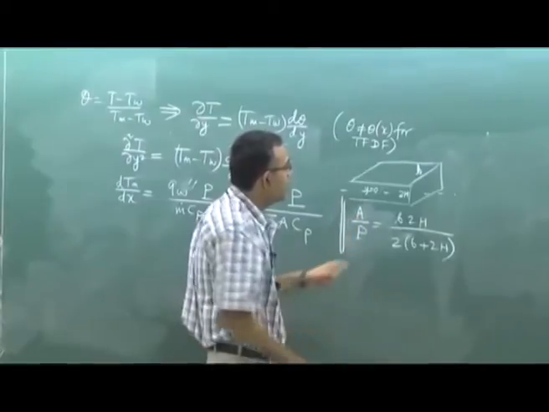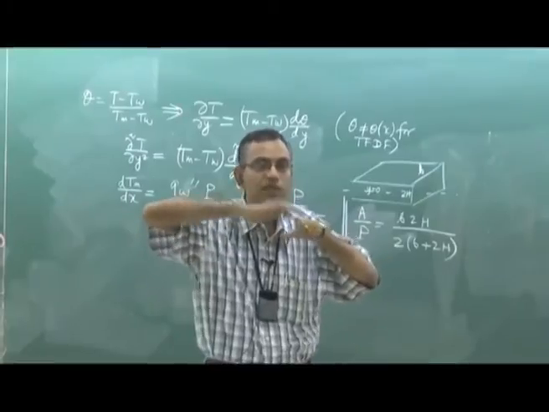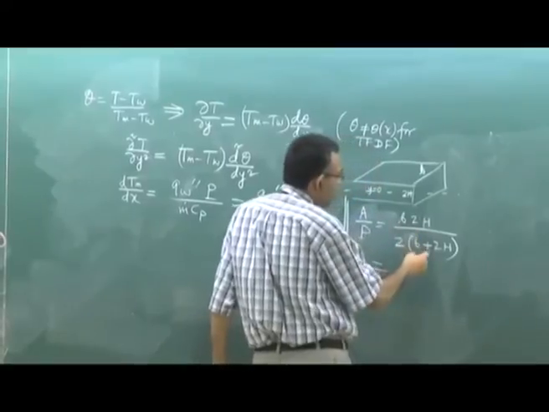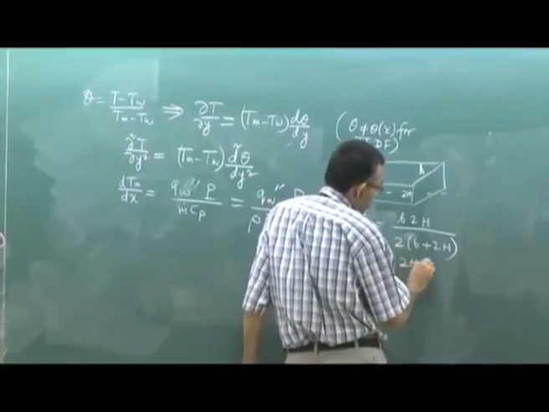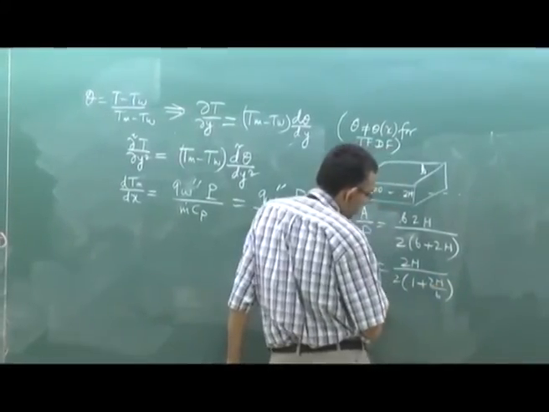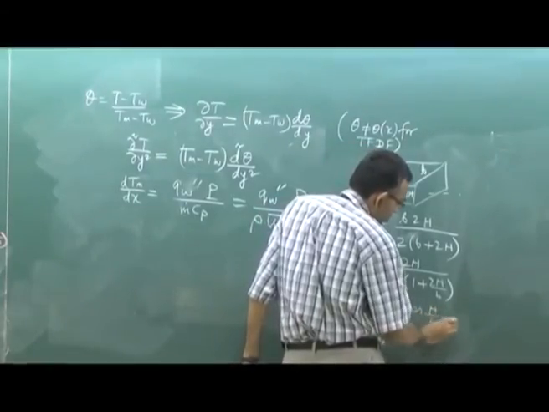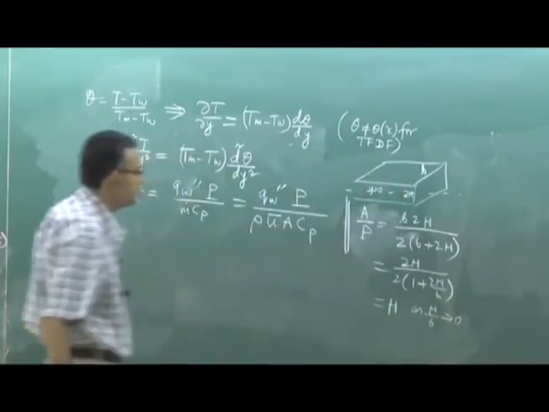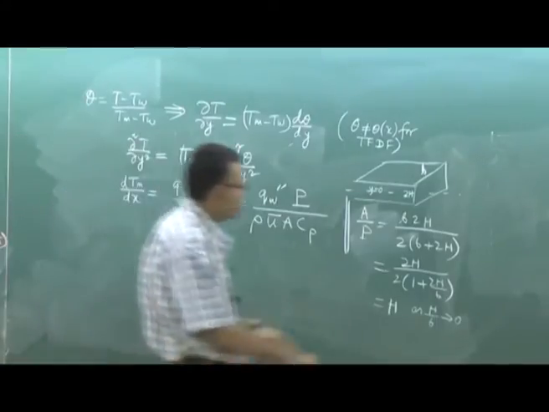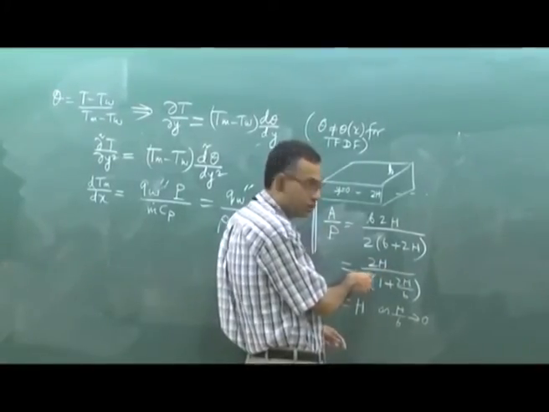What is that limit? The limit is that h by B tends to 0, because by definition for the parallel plate channel the width is infinitely large. So we divide both numerator and denominator by B. This becomes 2h by 2 into 1 plus 2h by B. So this will become h as h by B tends to 0. When h by B tends to 0, this term is 0, this term is 1 and these two get cancelled. So it becomes h.